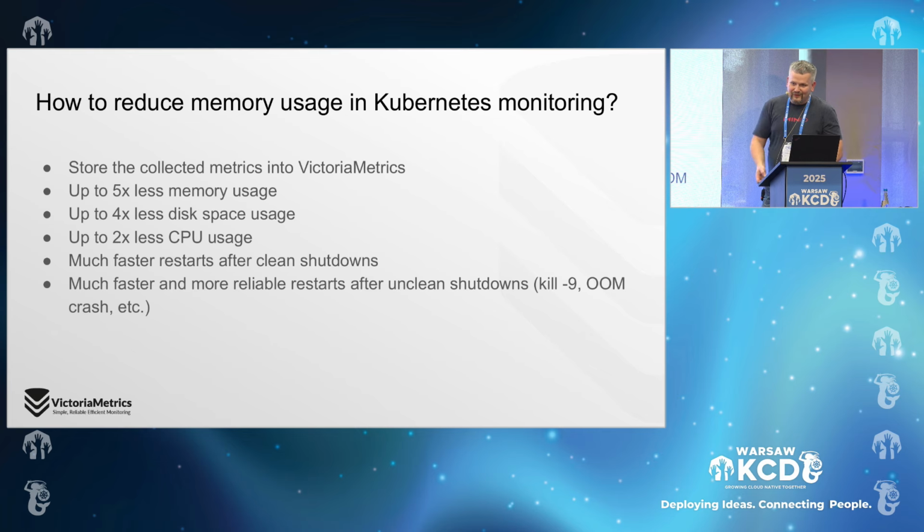And if VictoriaMetrics crashes for some reason, such as an out-of-memory crash or a kill -9 call or some other crash, it restarts much quicker compared to Prometheus because VictoriaMetrics doesn't use the write-ahead log. It uses LSM trees, another data structure for storing data and for ensuring that this data isn't lost after unclean shutdowns. That's why it restarts much quicker compared to Prometheus.